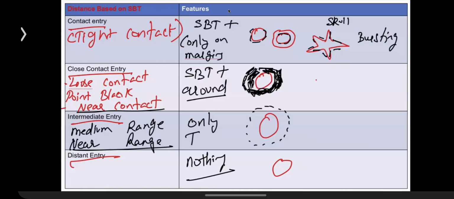And sometimes it can also occur in close contact, but in close contact, the amount of blackening will be more. And then bursting can occur.